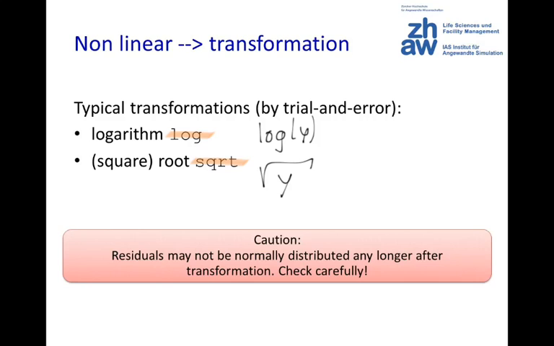If these two transforms fail, then, well, good luck. It's always a bit tough to find good transformations that fit nonlinearity. It can also happen that residuals that you had before may not be normally distributed afterwards, so please be careful and always have a clear look at the residual plots, especially if you have applied some transformations.